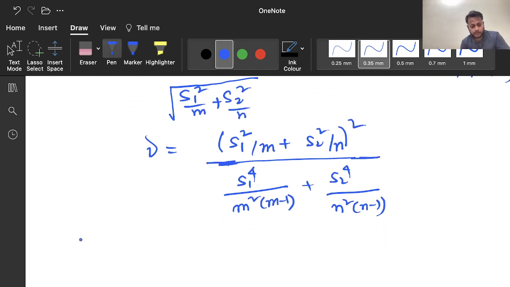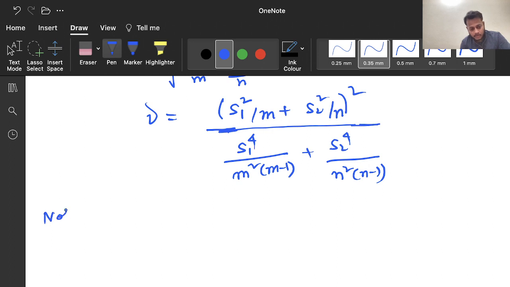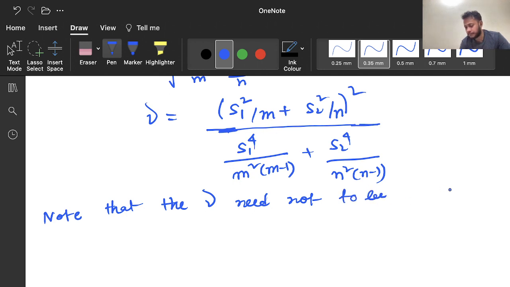Note that the nu need not be an integer.